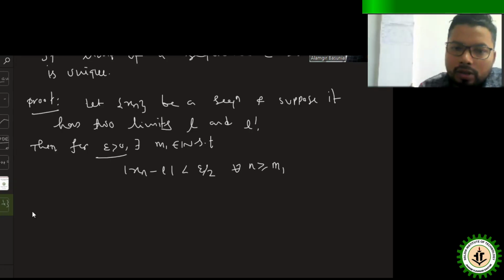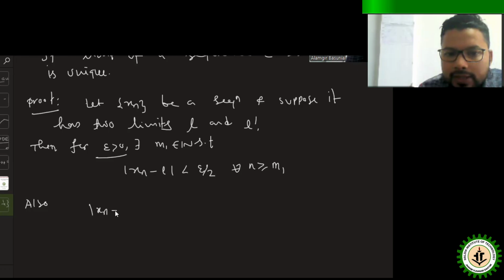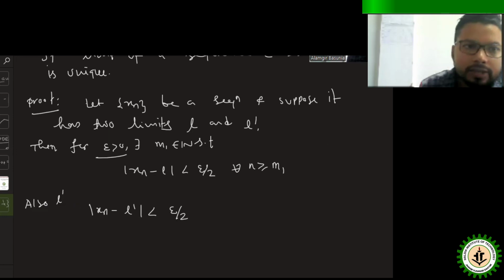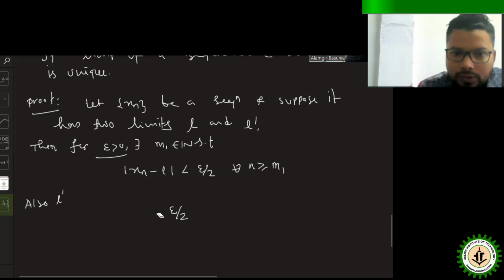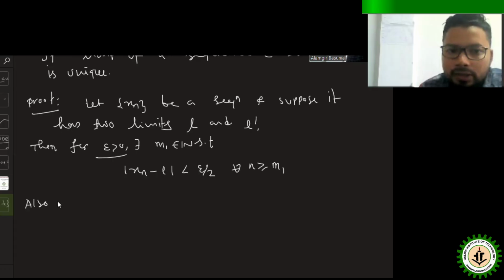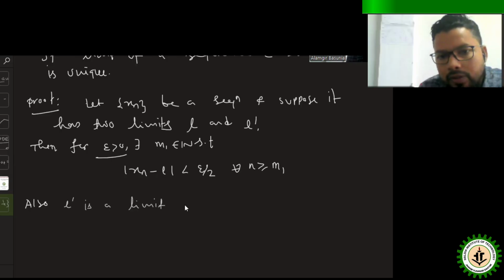Now also, xn minus L prime will also be less than epsilon by 2. Just one more line to write: L prime is also a limit of xn.